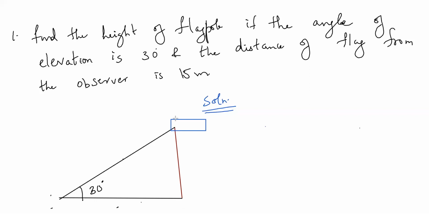Then I think it will be more clear. So this is a flag. Let's consider this as a flag. That's it. This is the observer's thing. Correct? And the distance of the flag from the observer is 15 meters. So this distance is what? 15 meter respectively.